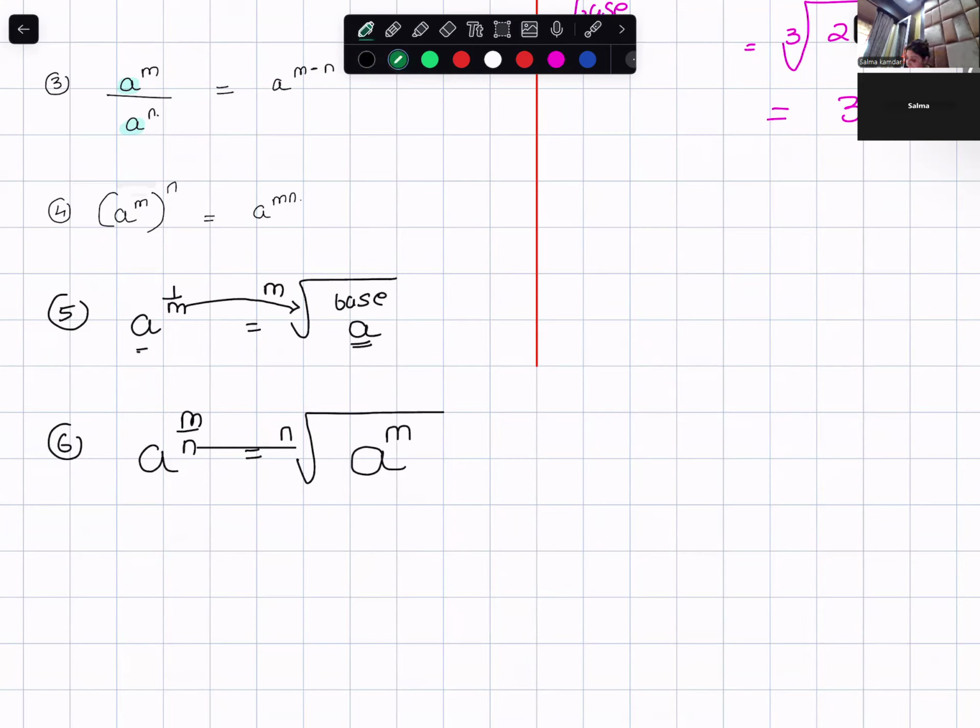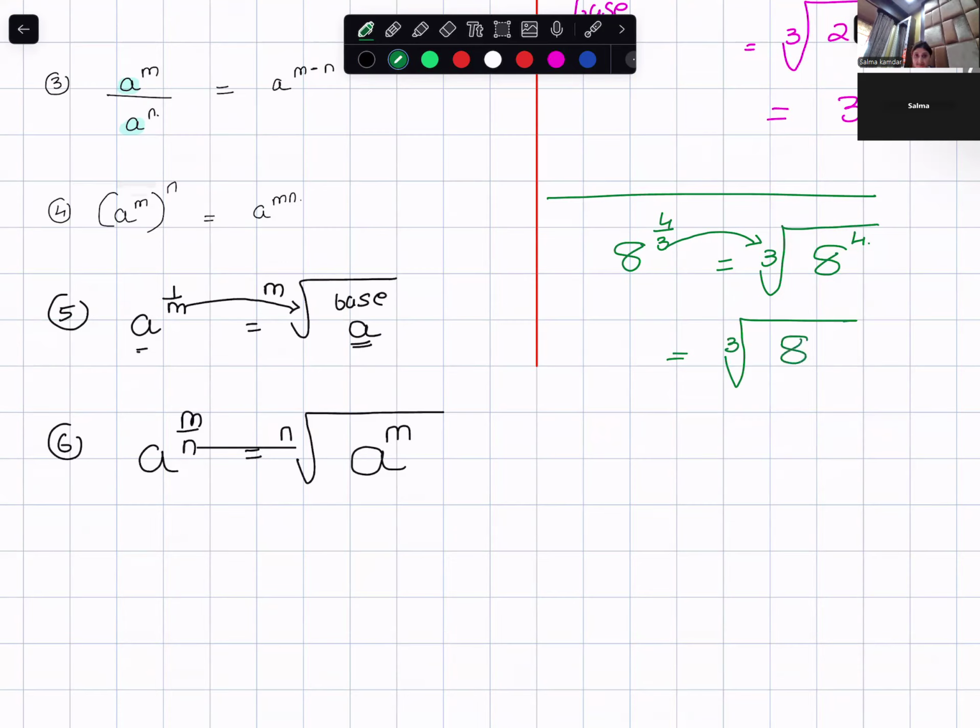Let's do it with one example. I have 8 raised to 4 over 3. The base 8 would come inside, the denominator 3 would come over here, and what is left is 4. So it would be the cube root of 8 raised to 4.